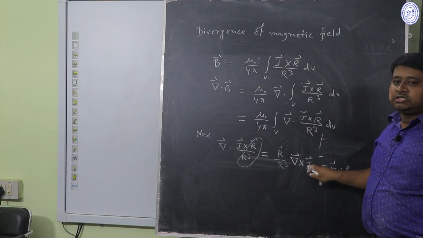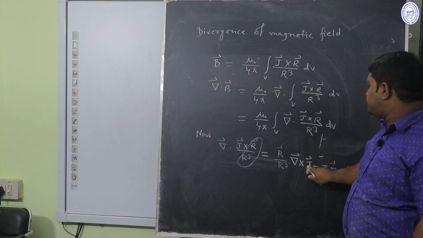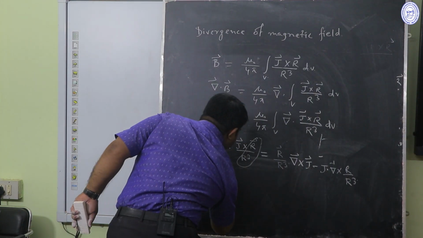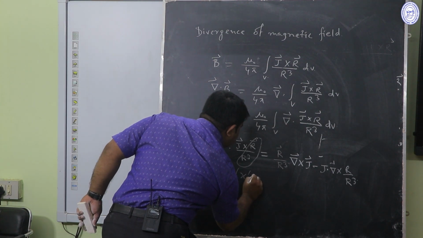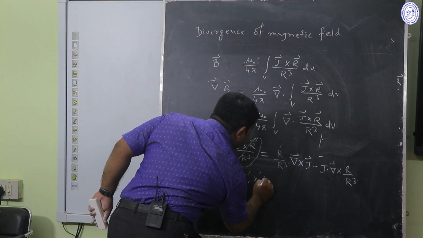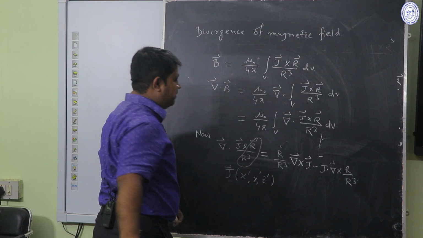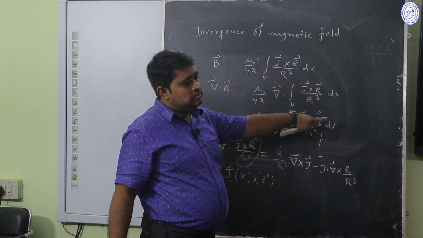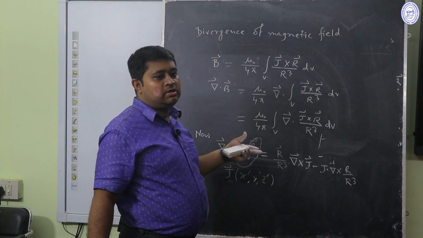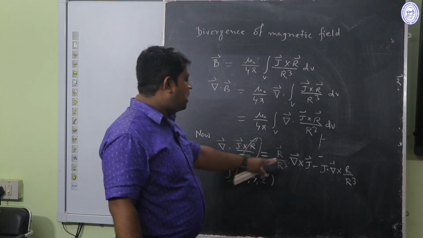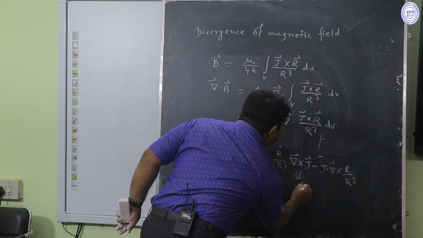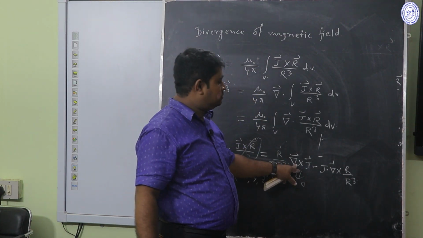Since J is a function of x prime, y prime, z prime, and curl is taken on the field point, that is a function of x, y, z, curl of J is equal to 0. This term is equal to 0.